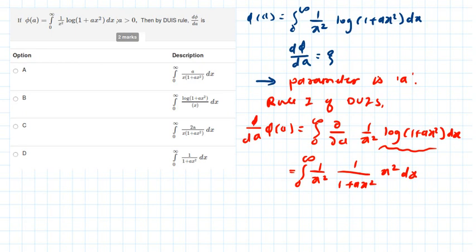So x square cancels, and what remains is the integration from 0 to infinity of 1 upon 1 plus a x square dx. So this is your answer. Option D is the right answer.